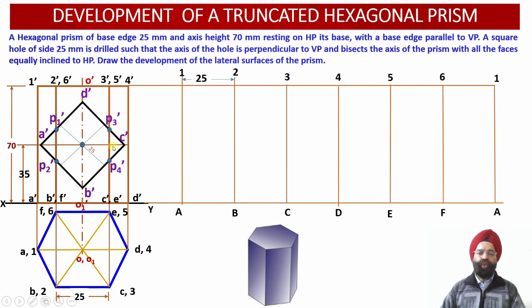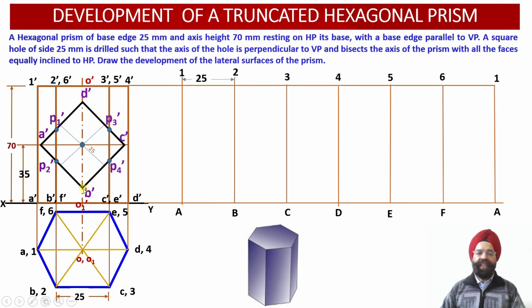Similarly, another 2 points of intersection here we can observe, P3 dash and P4 dash. So these 2 points of intersection have been observed corresponding to the intersection of the square hole with the vertical edges 3 dash C dash and 5 dash E dash of this hexagonal prism over here. So we have been able to locate 4 points of intersection over here.